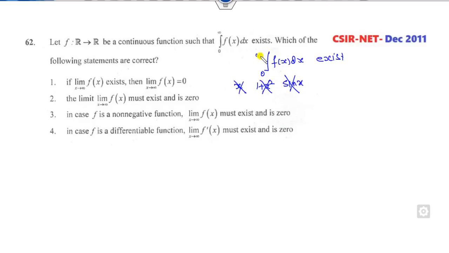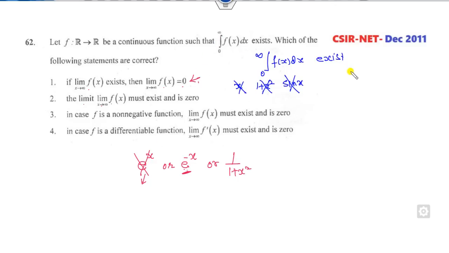The only functions where infinity will be defined are like e raised to power x, e raised to power minus x, or 1 plus x square, because the integration will be tan inverse x, it is well defined. Now if limit f of x exists, limit f infinity, it does not exist here. Fine. So it means if the limit at infinity exists, then the limit will be 0. That's a correct statement.